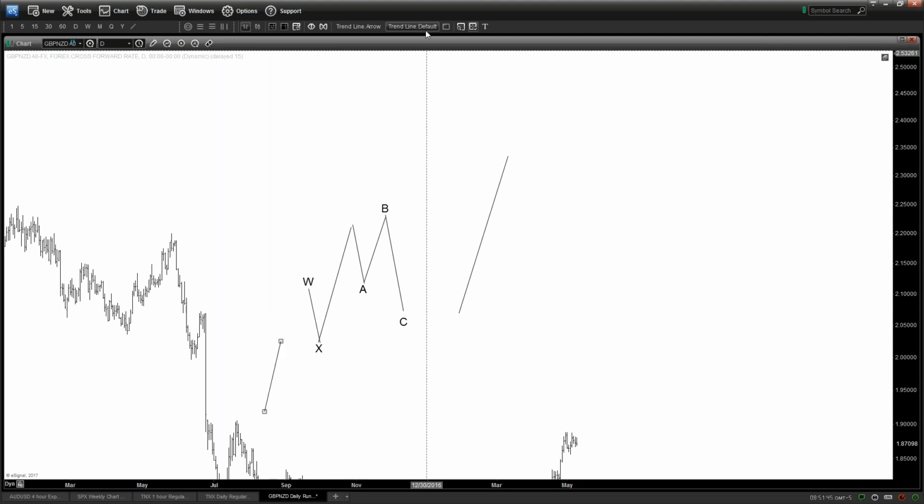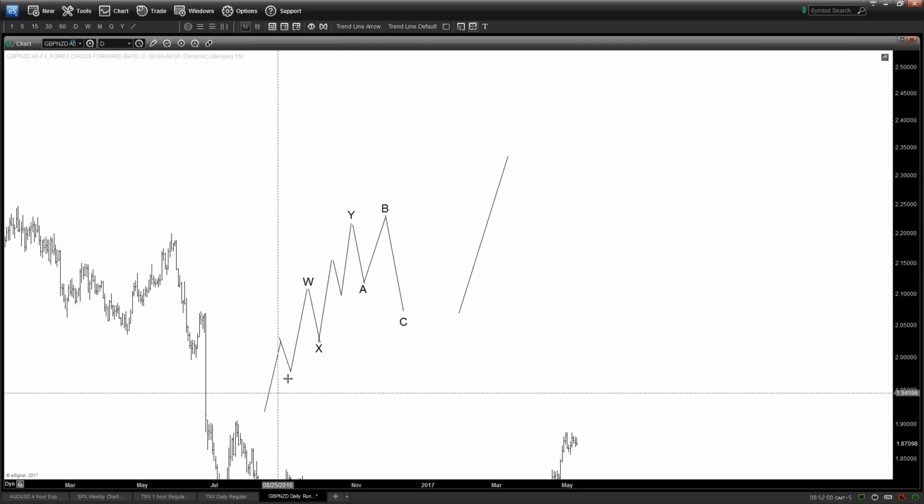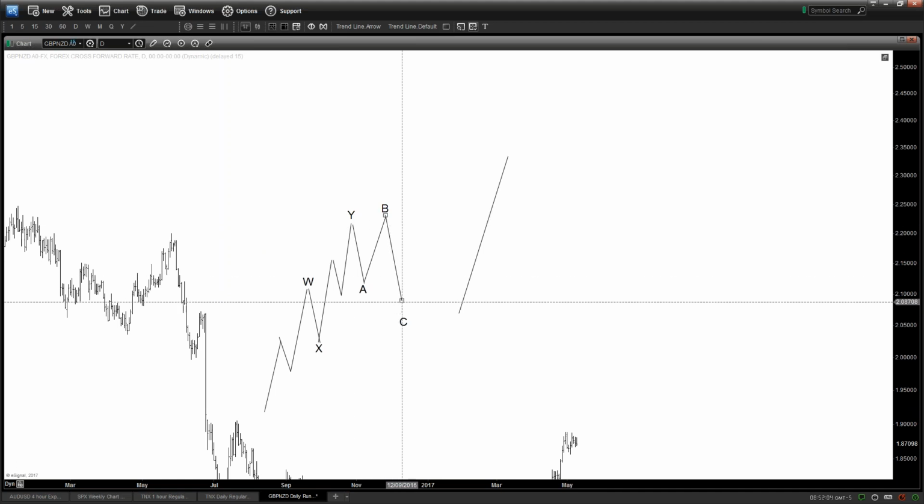So I will subdivide it for you so that it looks clear. So you got something like this. So you only have 3 waves from here. And then you got a flat correction like this, an ABC flat.